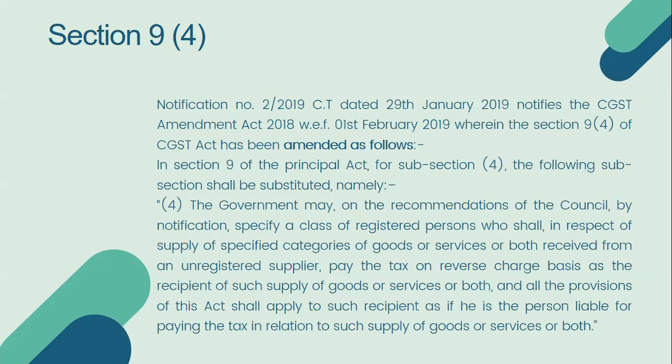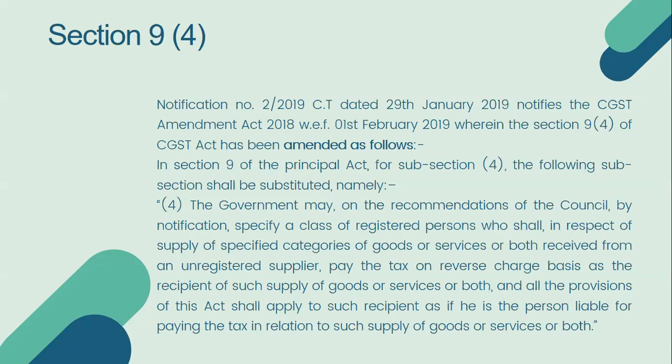The class of registered persons and goods or services are to be notified by the government on the recommendation of the GST Council. If the recipient is covered under Section 9 subsection 4, then he will be held liable for payment of GST on such transaction. The amended Section 9 subsection 4 is effective from 1st Feb 2019.